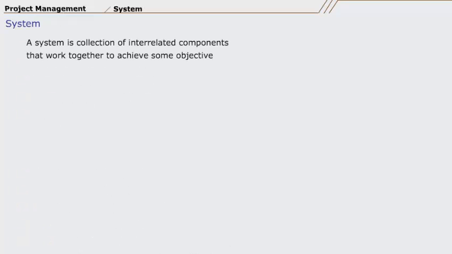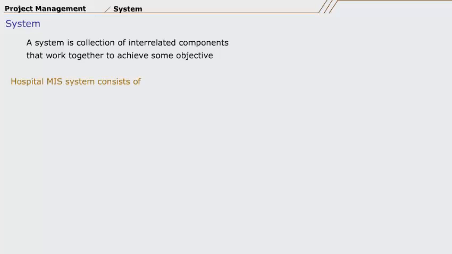We define the system as: a system is a collection of interrelated components that work together to achieve some objective. For example, we want to develop management information system of a hospital.